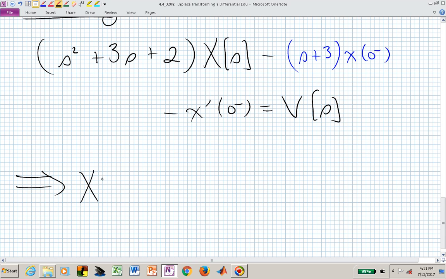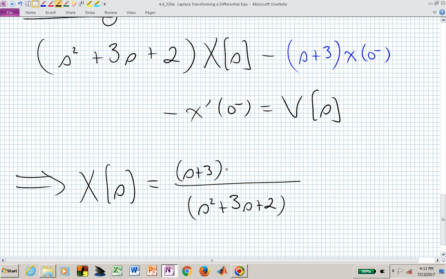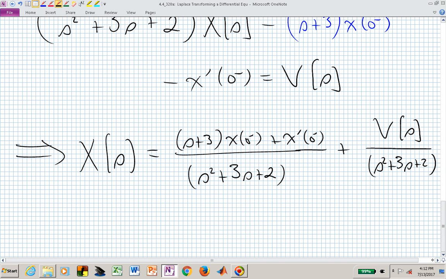Or we can now say that capital X of s, pushing everything else on the other side, which means that we're adding s plus 3 times x of 0 minus and x prime of 0 minus, and dividing by s squared plus 3s plus 2, or we now have s plus 3 x of 0 minus plus x prime of 0 minus, plus V of s over the same polynomial that was scaling capital X of s.